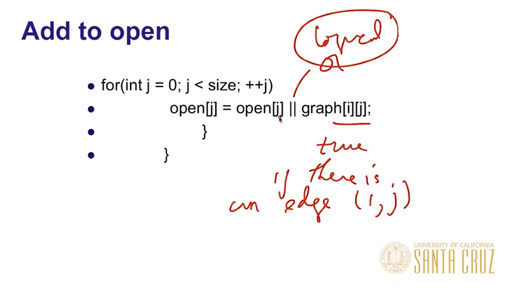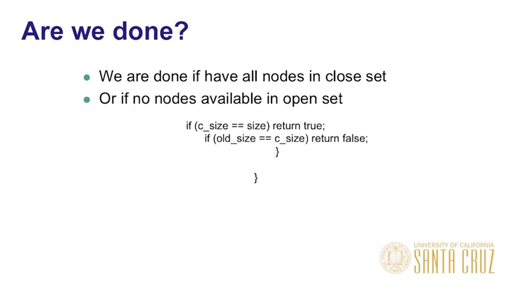So open is true if open is already true, or there is now a new edge that previously couldn't reach J but now reaches J. We are done if we have all the nodes in the closed set, or if no nodes are available in the open set. If all the nodes are there, we're connected. Here we're unconnected. And these are our termination cases.